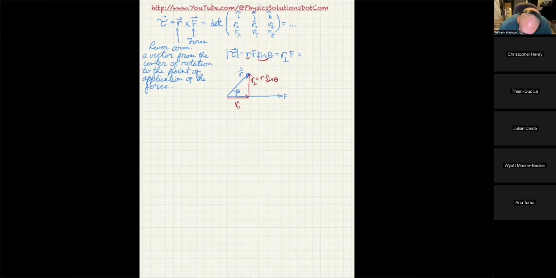However, if you try another way, if you imagine, for instance, breaking F up into a component parallel and a component perpendicular, then F perpendicular to R would be F times the sine of theta, like that, and F parallel to R would be this vector over there.